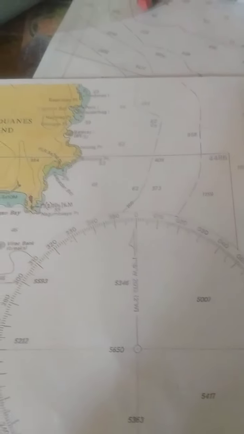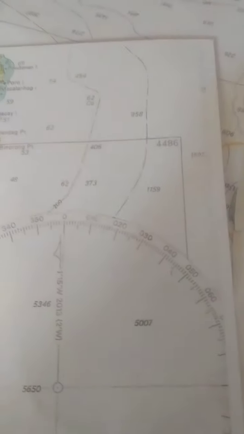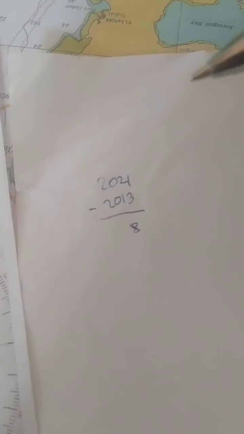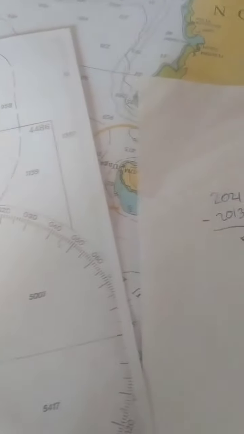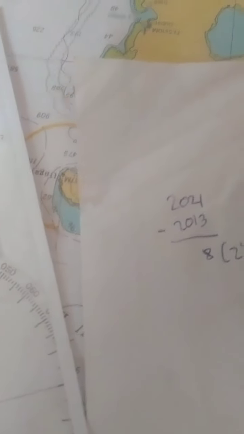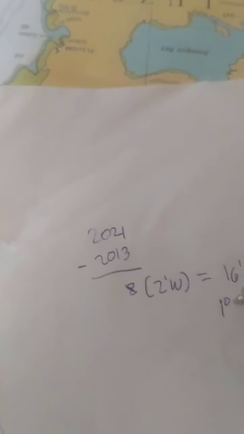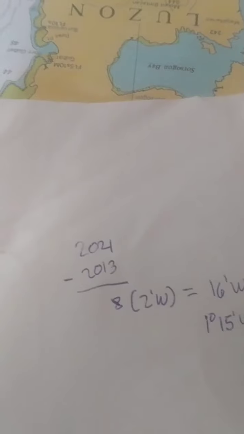The current year now is 2021, minus the year on the chart, which is 2013, and that is 8 years. 8 years times the 2 minutes west is 16 minutes west, plus the 1 degree 15 minutes west.